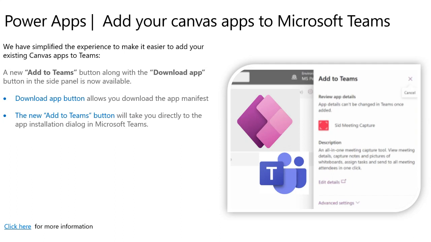The Download App button allows you to download the app manifest, which can then be uploaded to Teams for personal or team use, and can be submitted to the Teams tenant for broader distribution. The Add to Teams button eliminates the need to download and upload the app for personal or team use. Clicking that button will take you directly to the app installation dialog from within Teams. So it's just making it easier for you to get those Canvas apps over to Teams for usage.